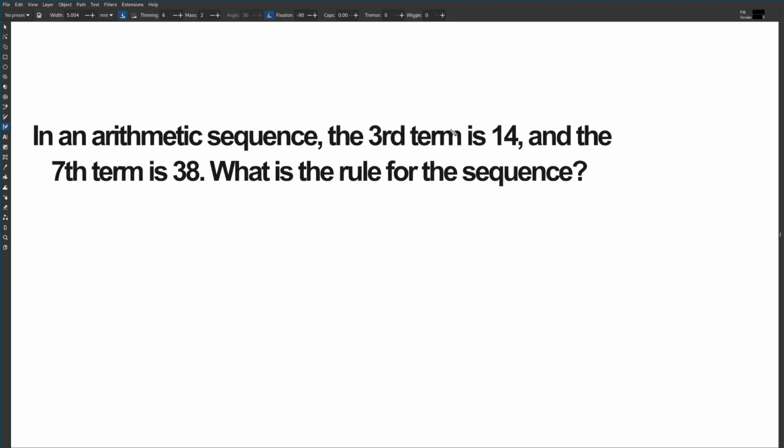Let's write the third term in terms of that formula. a of 3 is equal to, the first term, we don't know that, so let's just call it a of 1, plus d, and we know that n is 3, so let's plug that in, 3 minus 1.